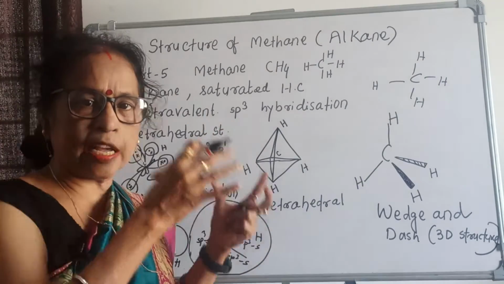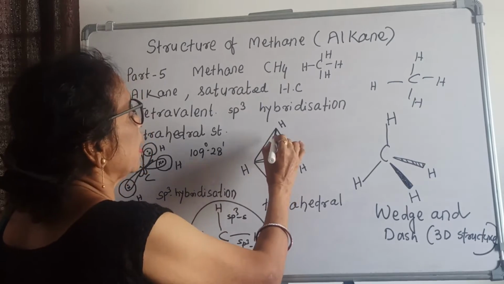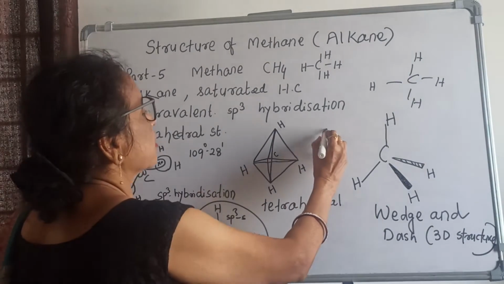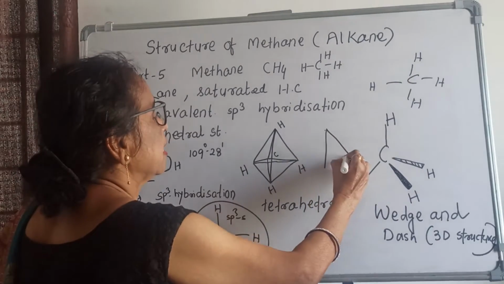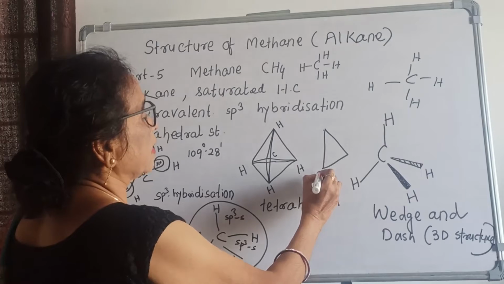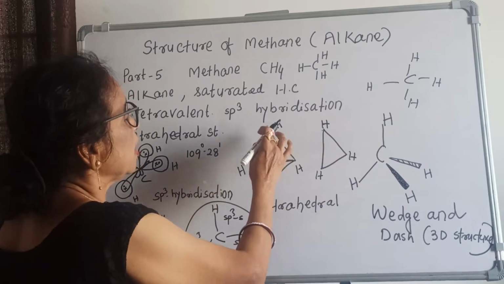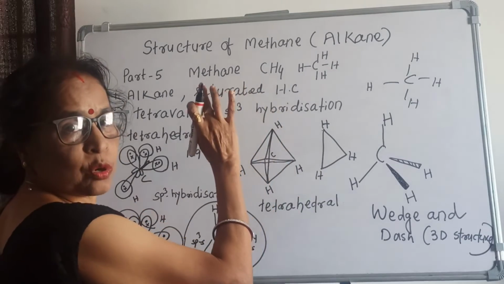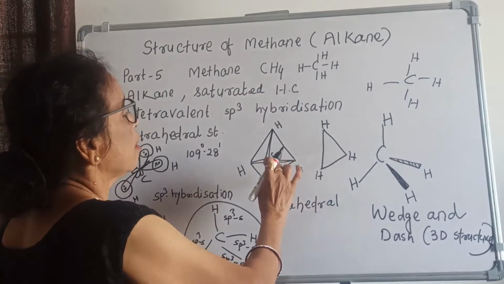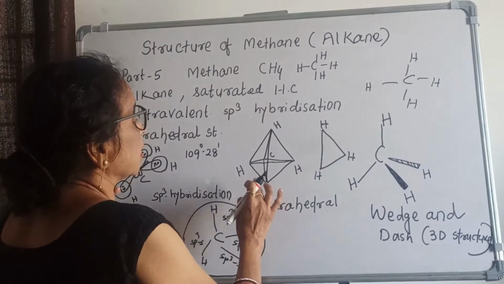When you look correctly, you can find this is one face of the tetrahedron. See, this is the face like this. This face of the tetrahedron has 3 hydrogens. Similarly, this side also is a tetrahedron, where in the center is carbon, and here 3 hydrogens are there.